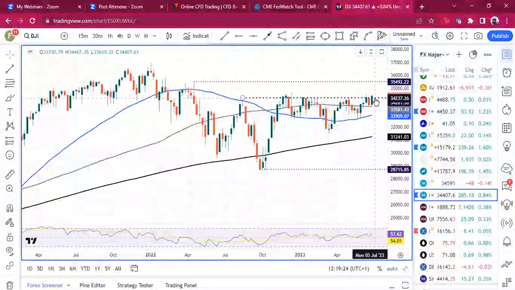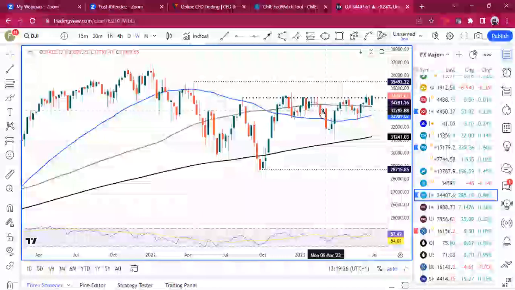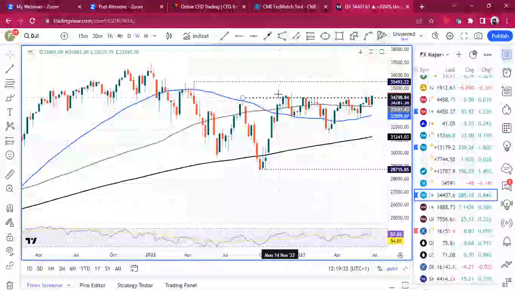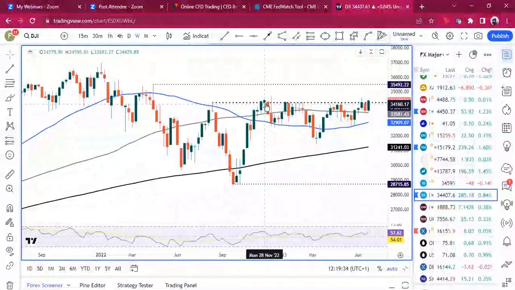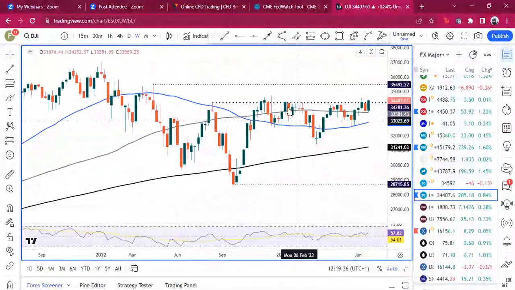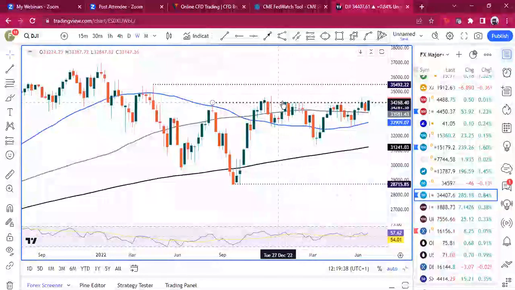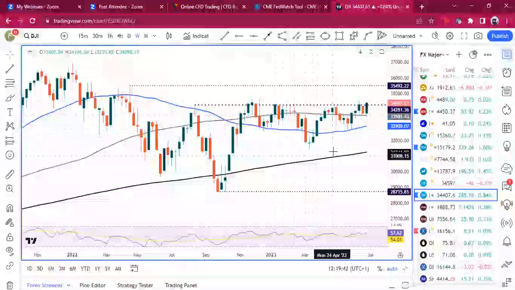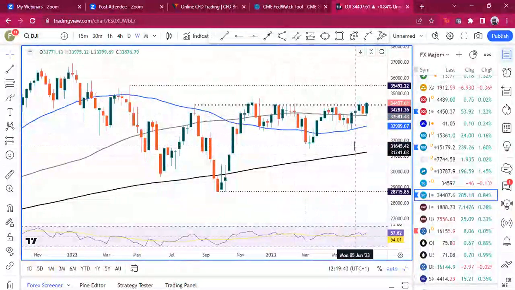Otherwise, if we do roll over, that 34,281 does still act as resistance, and it'd be really interesting, as I say, to watch price action around this level, because you can see we tried to break it on a number of occasions across a number of weeks, and we failed and rolled over. So yeah, really interesting.